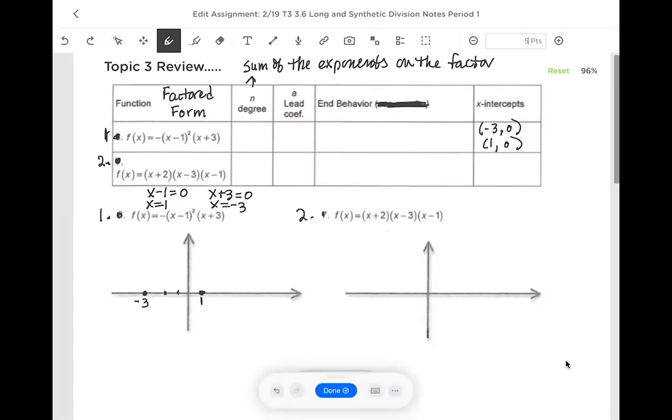So in number 1, 2 is the exponent on the factor x minus 1. And 1 is the exponent on the factor x plus 3. So this is actually a degree of 3.